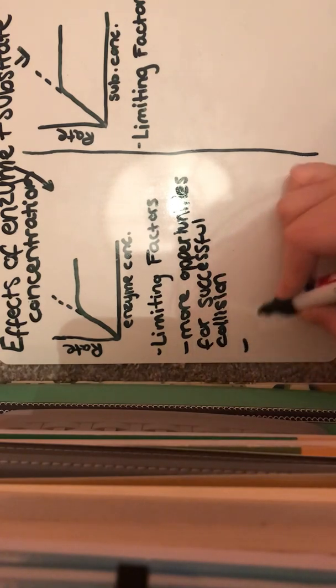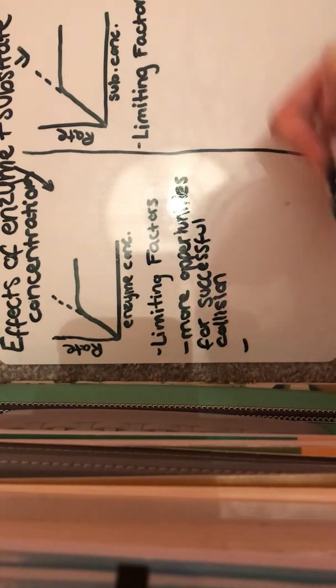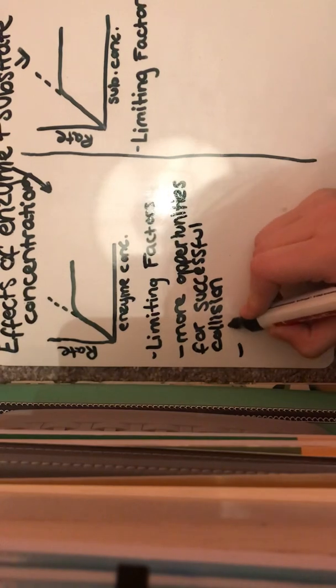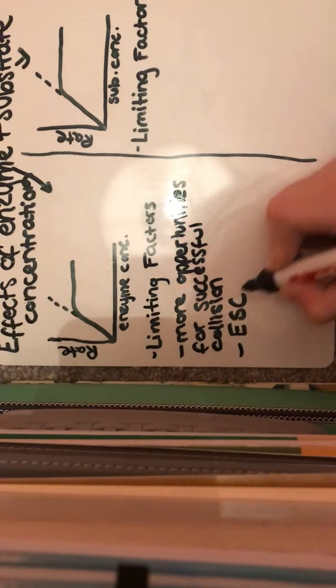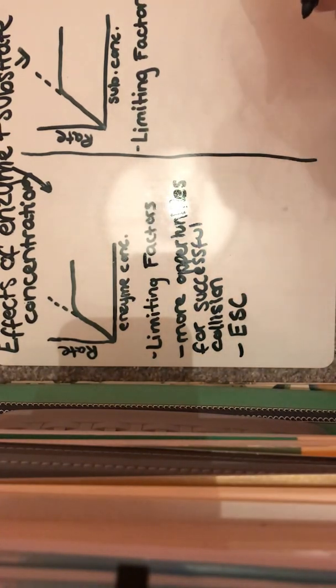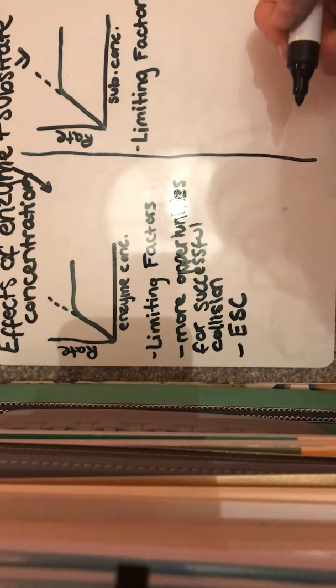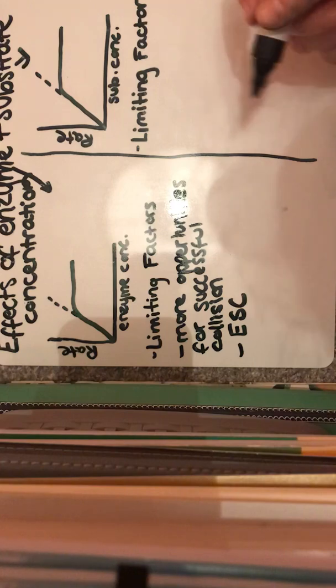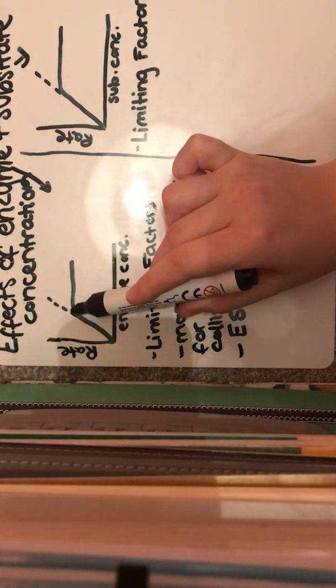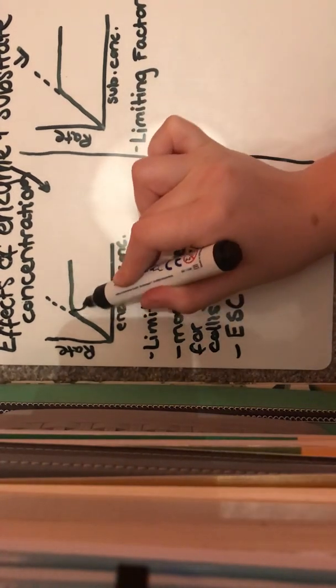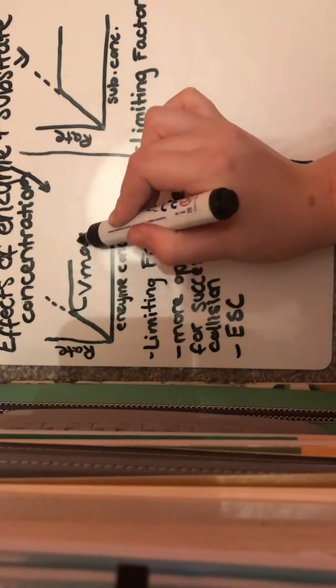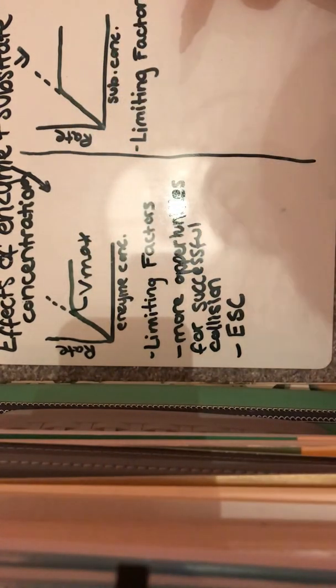So it's going to be more frequent enzyme substrate complexes being formed, and so that continues to increase until it gets to what we call Vmax, or the maximum point.